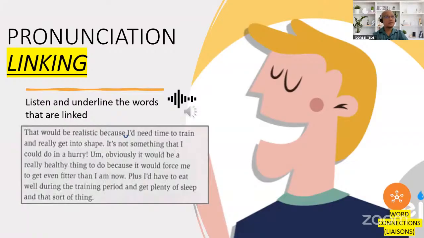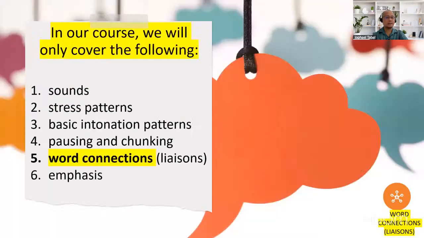So again, using these word connections may not be very important. So what is most important here? So take note that the most important here is the first four, especially the main one, which are the sounds. Now, in most of my students, candidates' problems here fall on sounds, especially on the ending sounds.